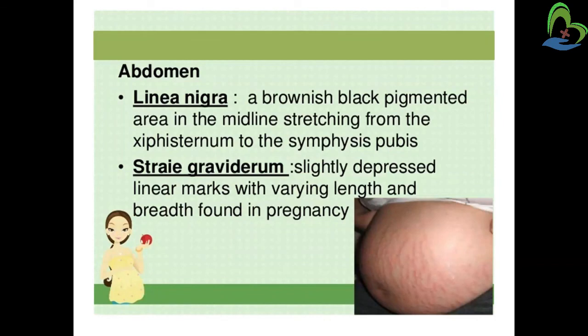Linea nigra is a brownish-black pigmented midline found from the xiphoid process of the sternum till the symphysis pubis.